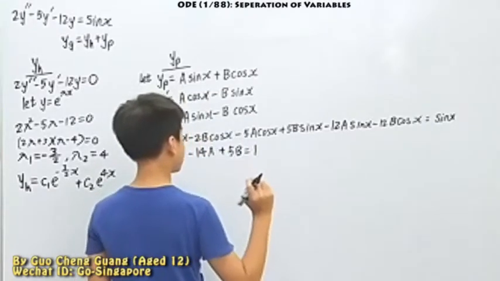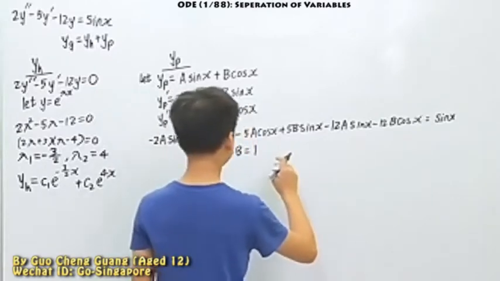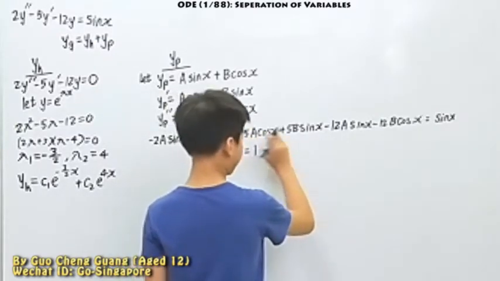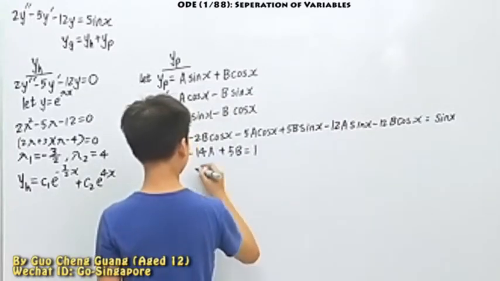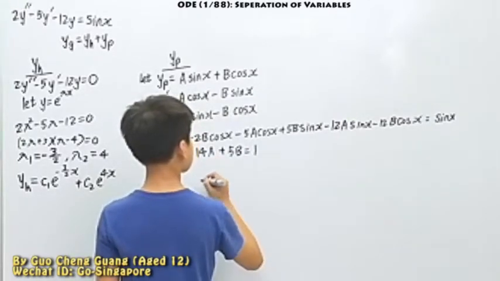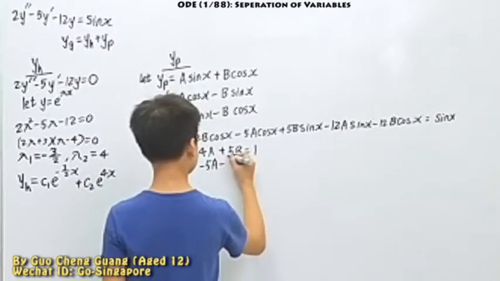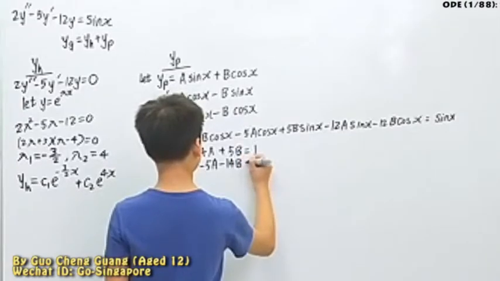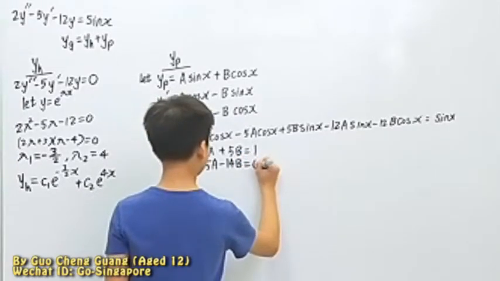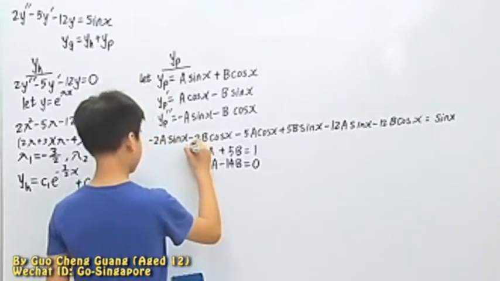Then for cosine, negative 2b, negative 5a, and negative 12b. So right now it is like this.